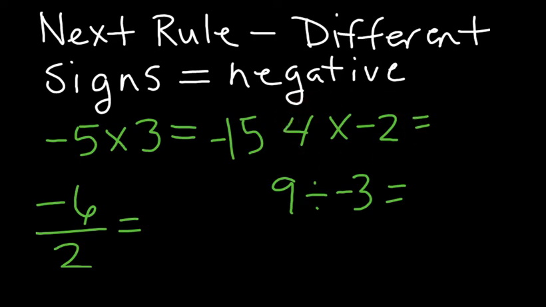So, the answer is negative. -8. Same thing for dividing. One's negative, one's positive. They're different. So the answer is -3. Okay? Dividing written this way. A positive divided by a negative is a negative. So the answer is -3.